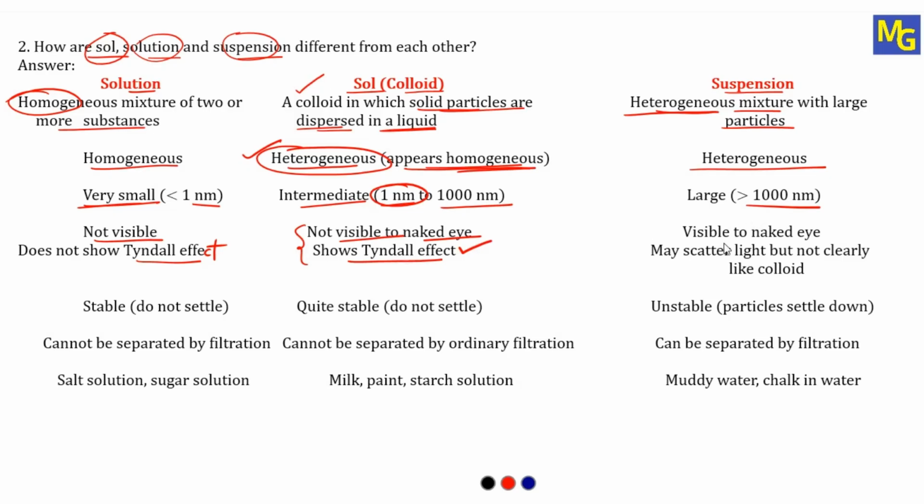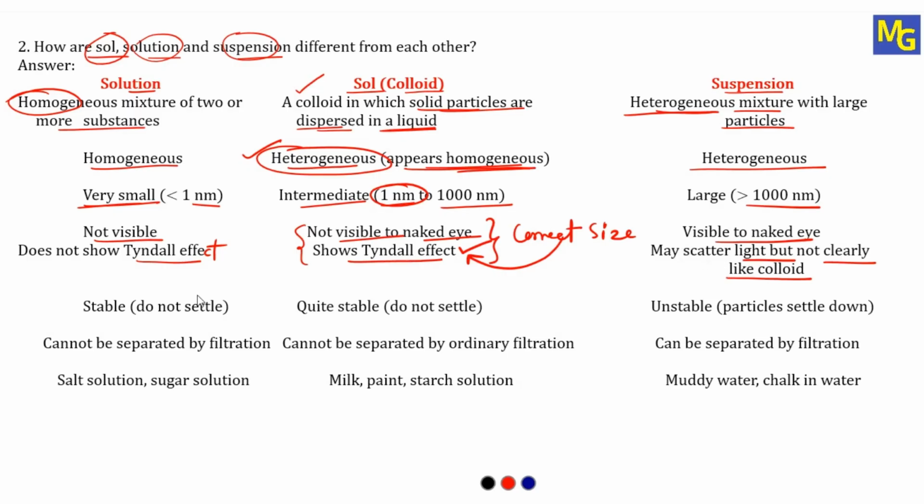In case of suspension, particles are so big they are visible to the naked eye, and may scatter light but not clearly like colloid. Colloids are the correct size particles to scatter light and show the Tyndall effect. So remember, solutions will not show Tyndall effect, colloids will clearly show it, suspension may or may not show Tyndall effect.